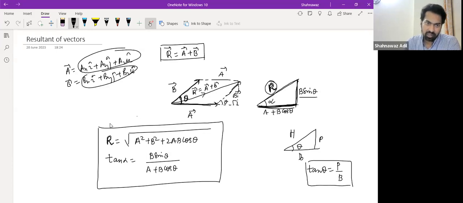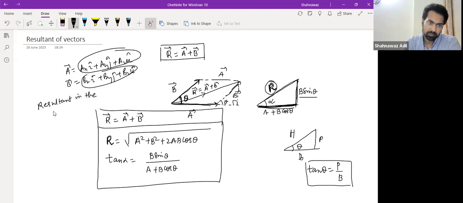And this R is A plus B. So this is what we call the addition or the resultant in the polar form.